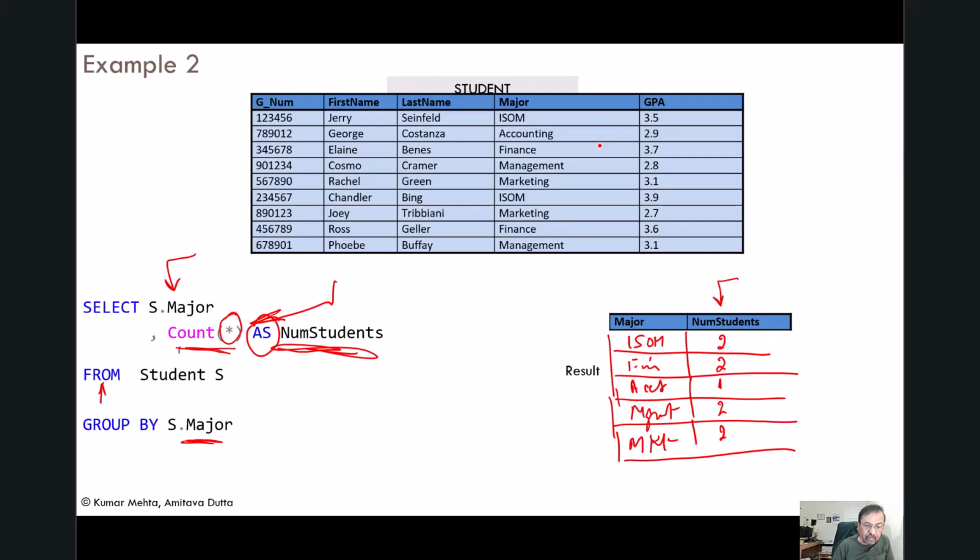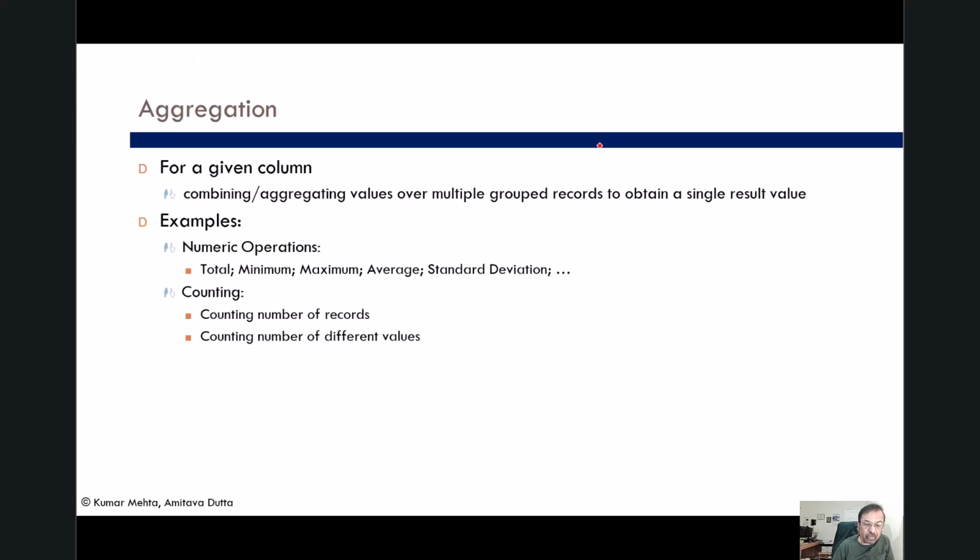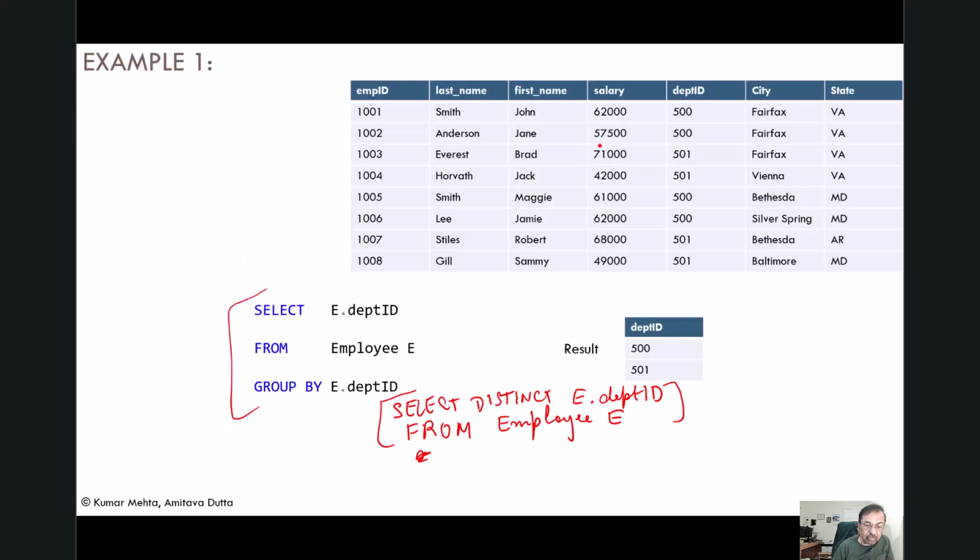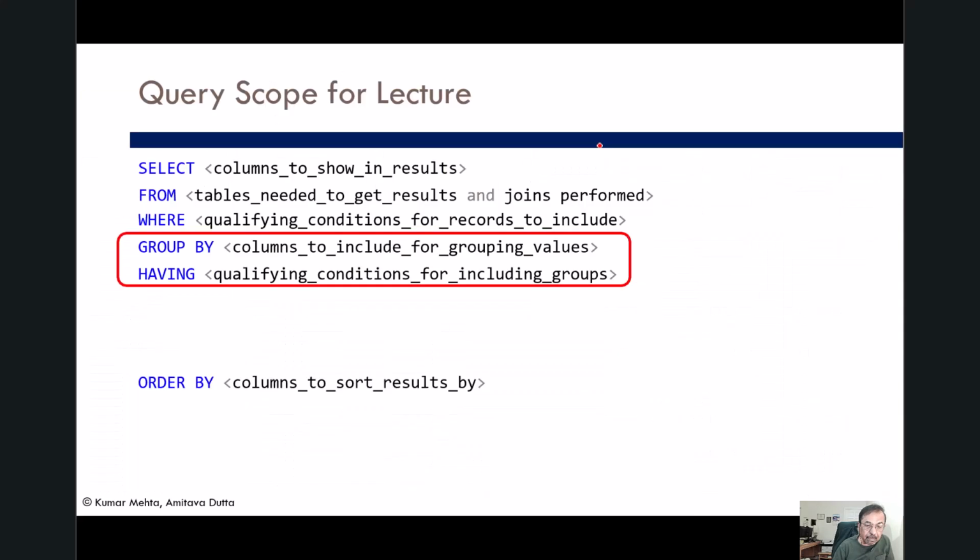Okay, so let's get back to the grammar of the overall select statement. I'm just tracing back to an earlier slide. So we had mentioned at the beginning of today's lecture that we'll focus on group by and having, these 2 clauses that help with aggregation. So we've spent all our time so far on the group by clause.